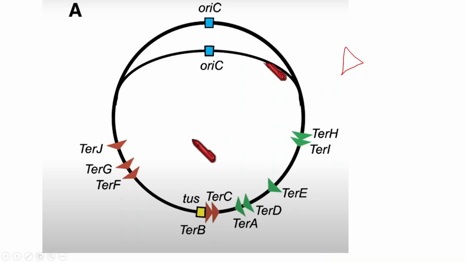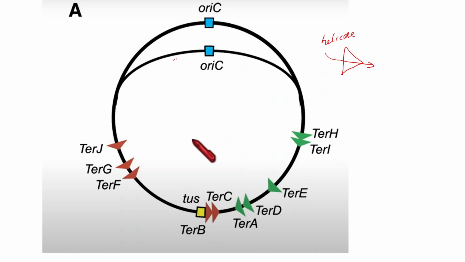As the replication continues, we know that it is led by helicase, by unwinding the twisted DNA helix. So, as the helicase moves through the DNA double strand, on reaching this face of the TER protein, the helicase can easily pass through this TER protein.